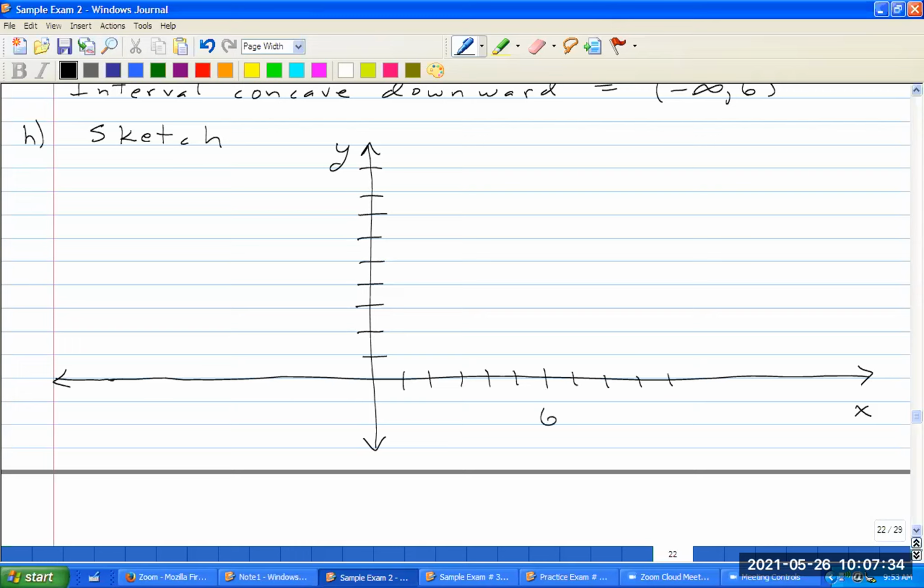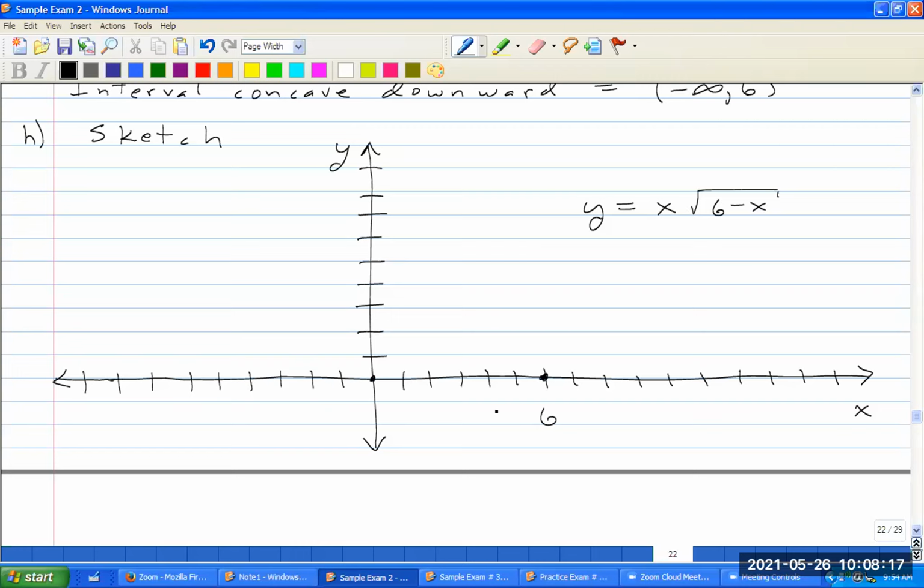Six. So it went through the 6. So those are the intercepts. And well, it looks like, so this is the graph of y equaling x rad 6 minus x.